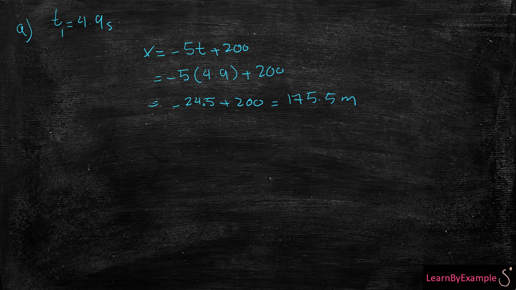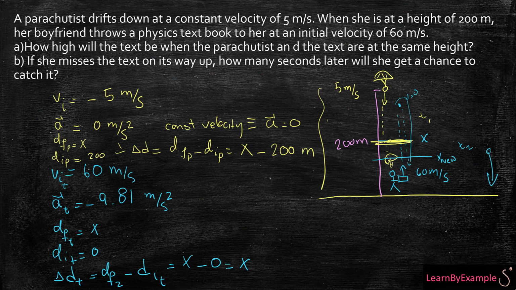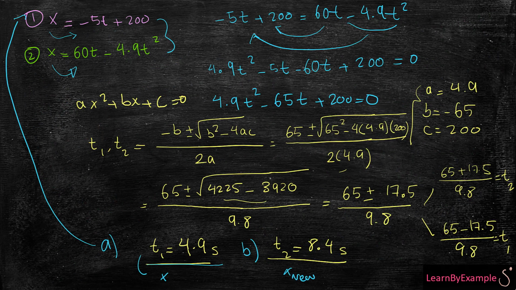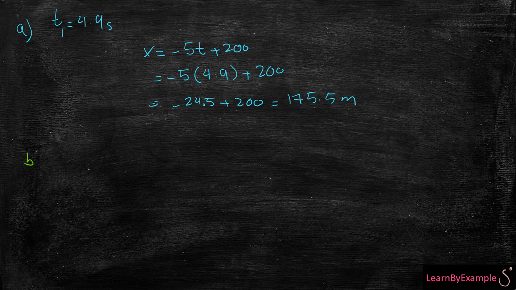So for part B, if you go back to the question here, it says if she misses the text on its way up, how many seconds later will she get a chance to catch it again? So we're talking about x new here. We can calculate it as we said using T2, which was 8.4. So for B, T2 was 8.4 seconds.